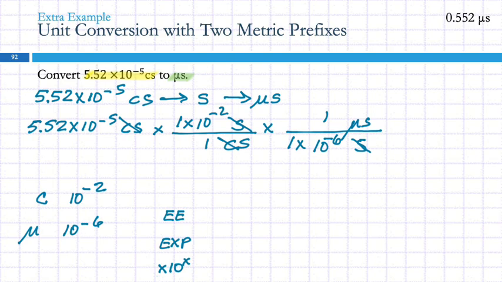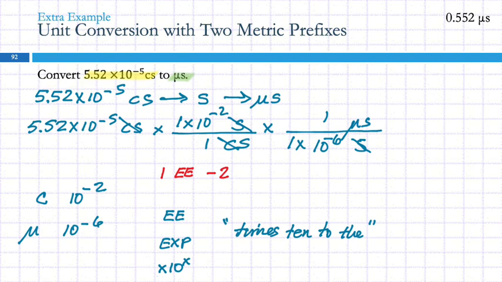Those buttons stand for times 10 to the. So to enter this number in my calculator, I'm going to press 1, and then as I push that EE button, I'm going to say times 10 to the, and then negative 2.